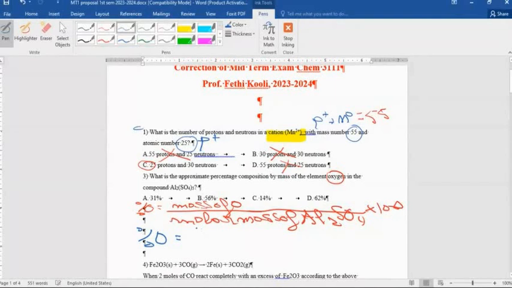One of your friends will tell me 16 divided by the molar mass of the aluminium sulfate. Sorry, this one is 50. The molar mass of aluminium sulfate will be equal to 342 grams. Have we got it?